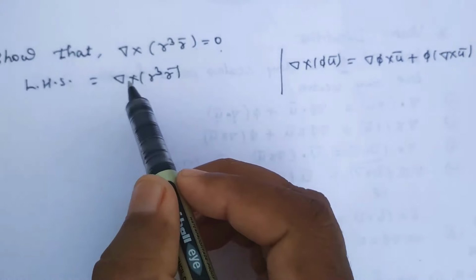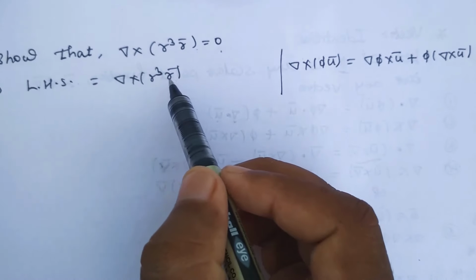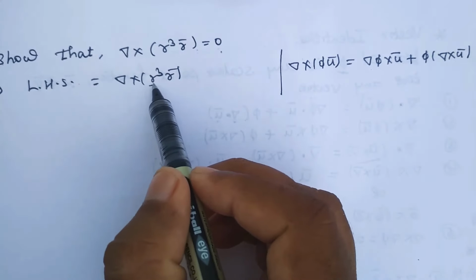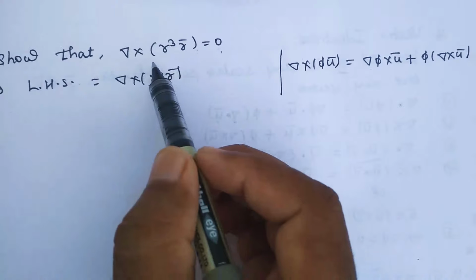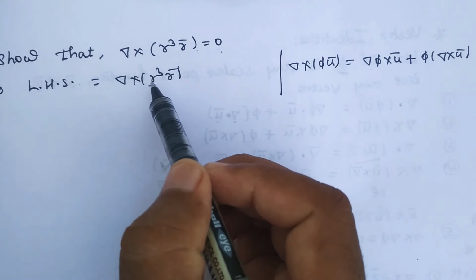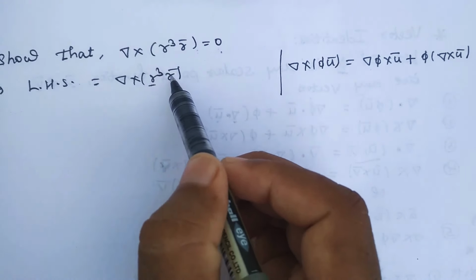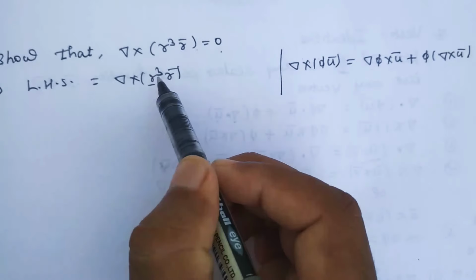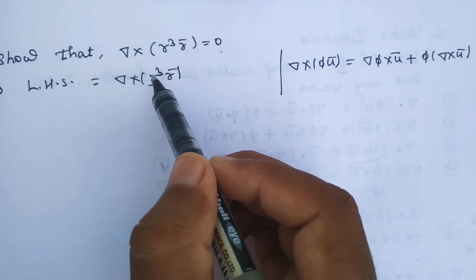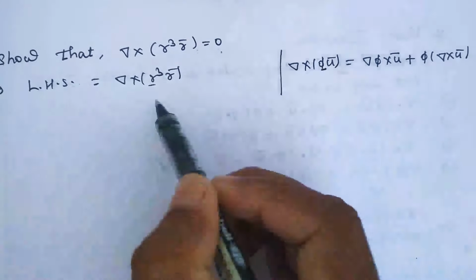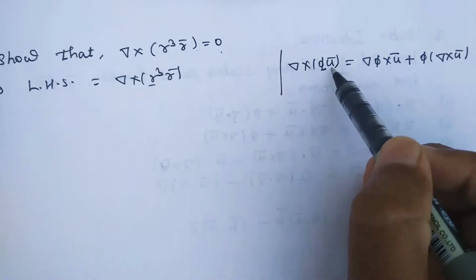Now see, we have to calculate del cross r cube into r bar. Here r cube is a scalar quantity because there is no bar here, and r bar is a vector quantity. That means r cube is a scalar function, we call it phi, and r bar is a vector quantity, u bar.